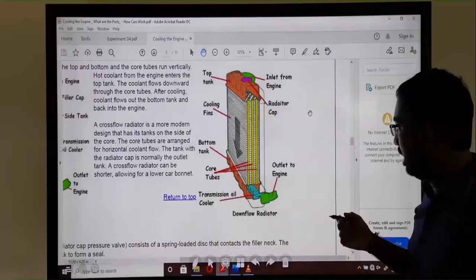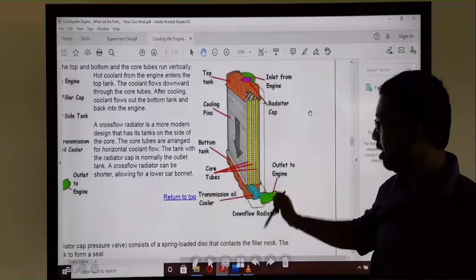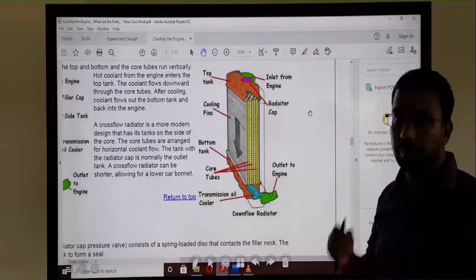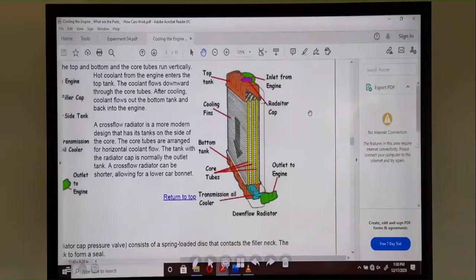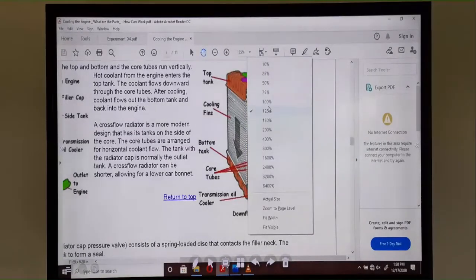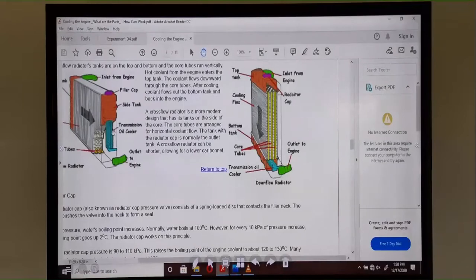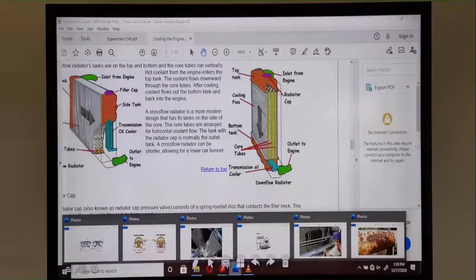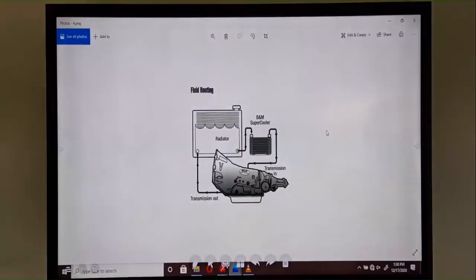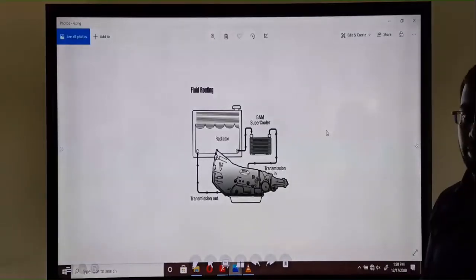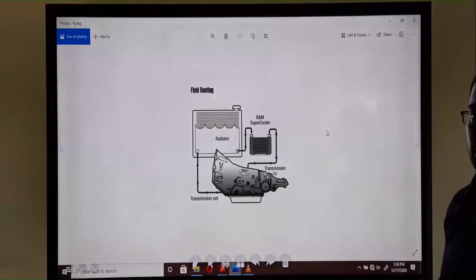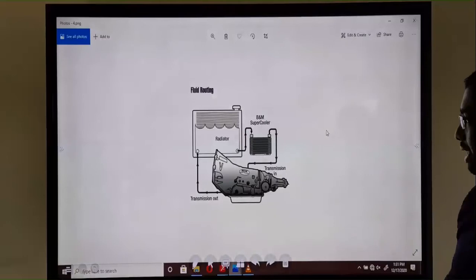Here you can see another one. This is the transmission oil cooler. This is also fixed with the radiator. What is a transmission oil cooler? This is normally in automotive gearboxes, in vehicles which have an automatic gearbox.